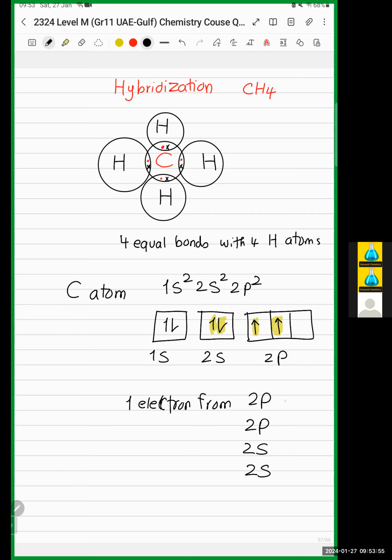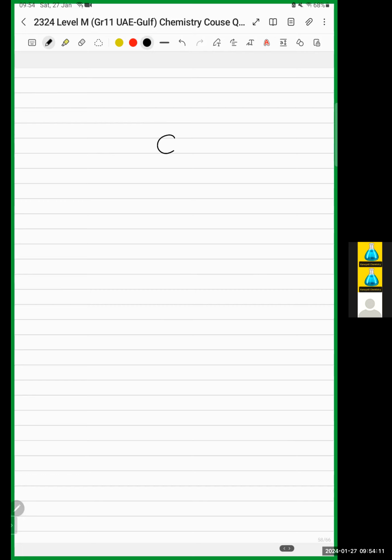So these are the 4 electrons that will be used to make bonds with 4 hydrogen atoms, but they don't have equal energy. They have different energy and different shapes. So now I have an issue because this carbon will have an s orbital, which is spherical, to make a bond with this hydrogen, and a spherical orbital to make a bond with this hydrogen, and then it has a p-shaped orbital to make a bond with this hydrogen, and a p-shaped orbital to make a bond with this hydrogen.